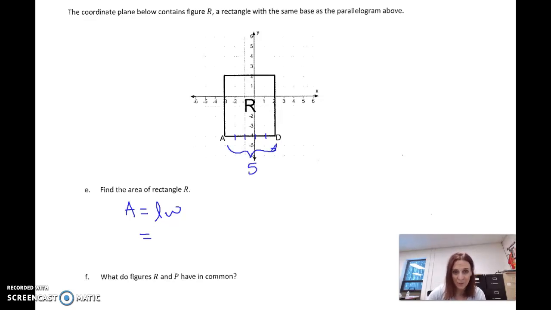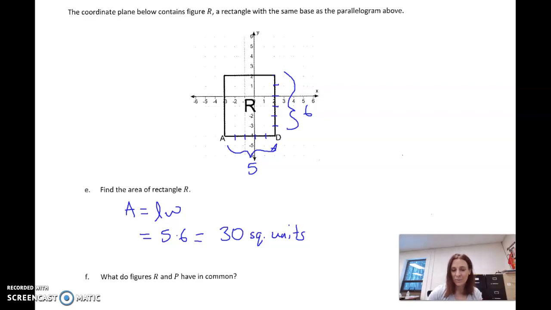Now if I go up here, it's 1, 2, 3, 4, 5, 6. So this is 6. So I'm just going to go 5 times 6 or 6 times 5, and I get 30. Okay, so the area of this is 30 square units, meaning I need 30 squares to cover it.